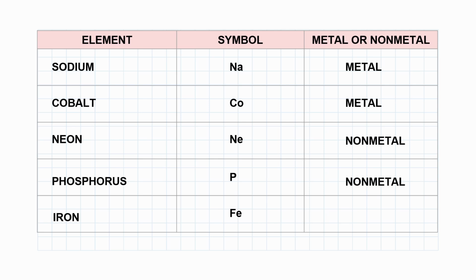Symbol is Fe, one of the most well-known elements. Of course, iron is a metal. It's strong, magnetic, and used in construction and tools. Great job! Recognizing elements as metals or nonmetals helps us understand their properties and how we use them in everyday life.